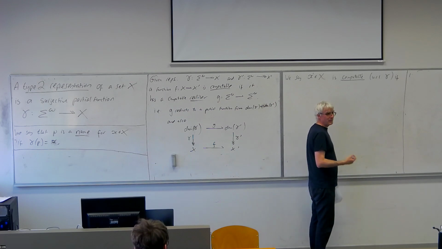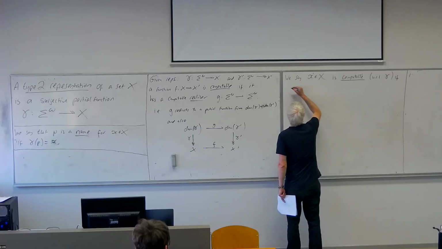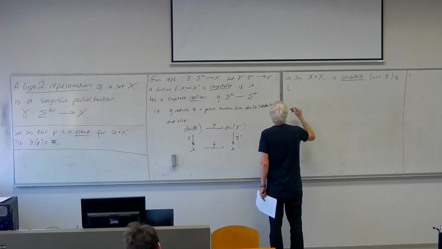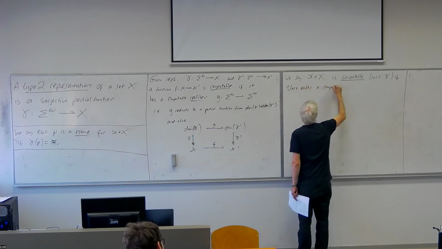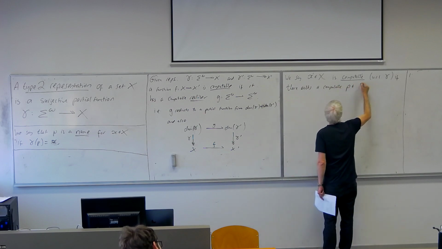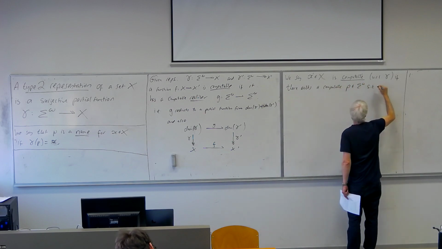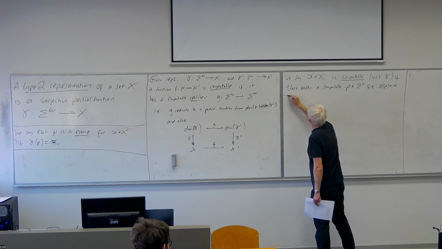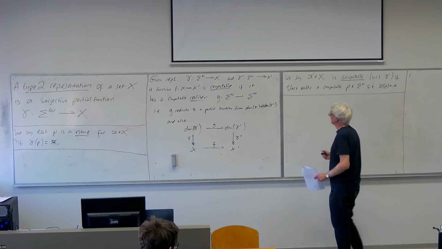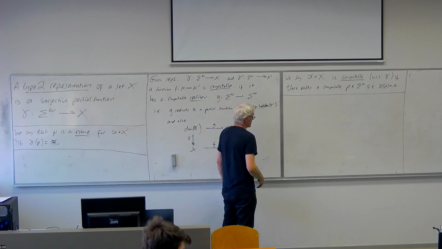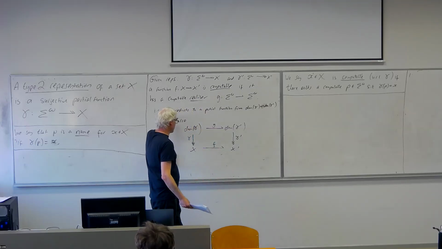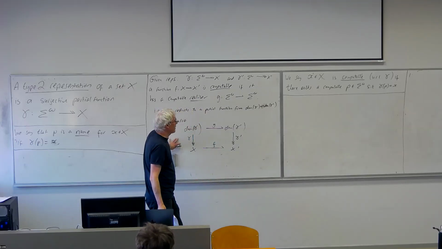So if it has a computable name, so if there exists a computable P in the set of omega words, such that P is a name of x, meaning gamma of P equals x. Okay. The point here is just to emphasize that we've got a very analogous theory of representations to the one we had when we were using finite names.